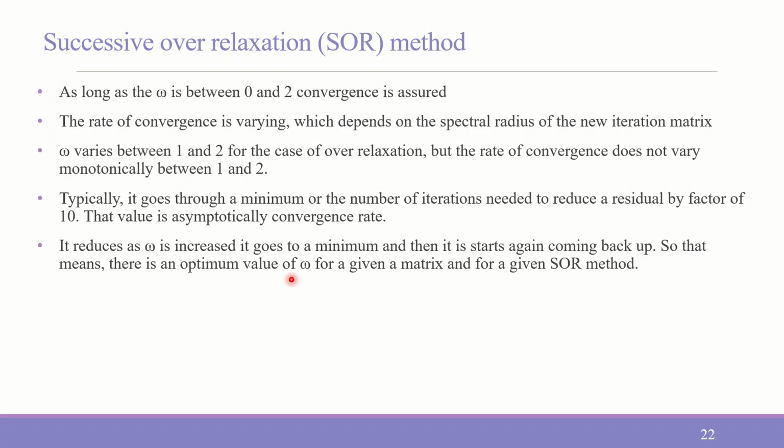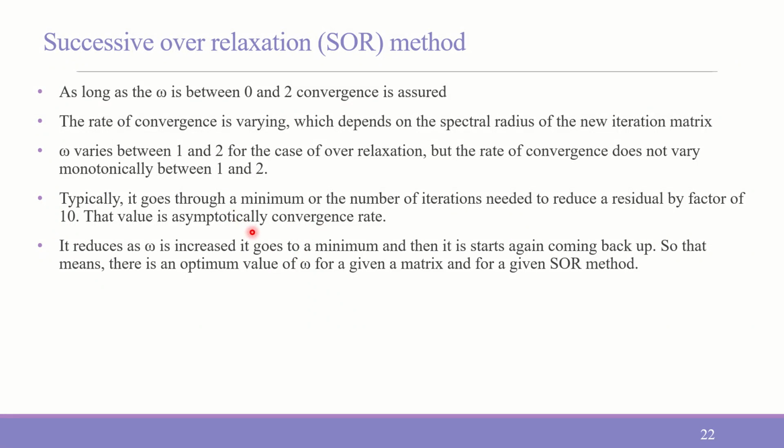So it reduces as omega is increased. As we increase omega, it reduces, then it goes to a minimum and then it starts coming back, like a minima curve. So that means there is an optimum value of omega. Like here you are able to see that, right? Like my cursor is pointing.